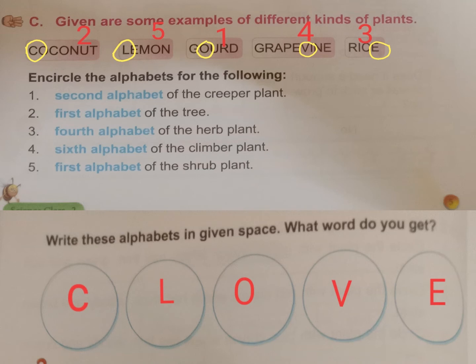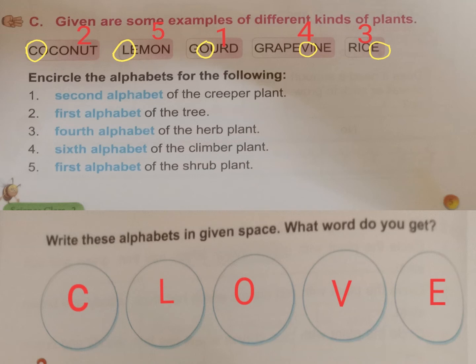The first one, second alphabet of the creeper plant. Children, we want to circle the creeper plant's second alphabet. In this example, which is the creeper plant, children? Already I said, gourd. Yes or no?